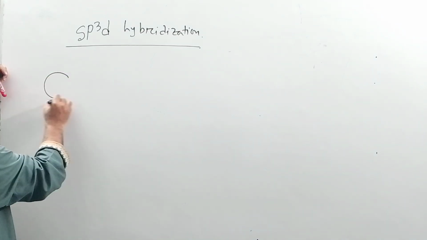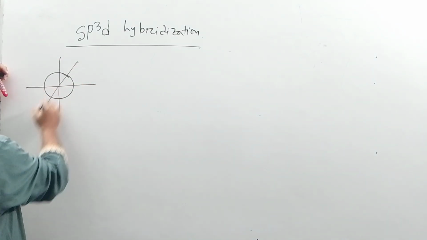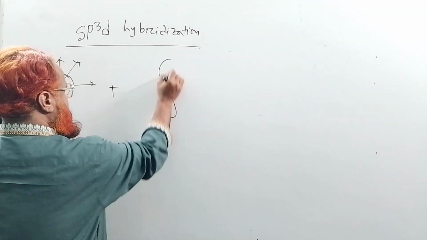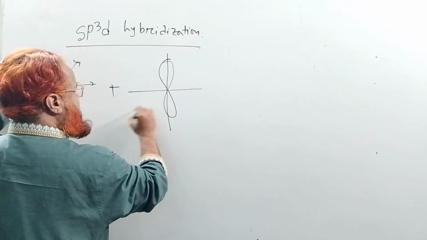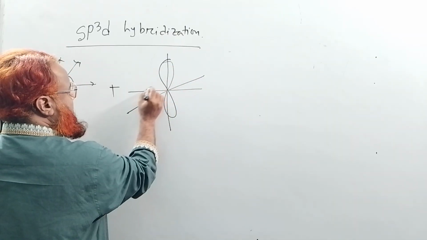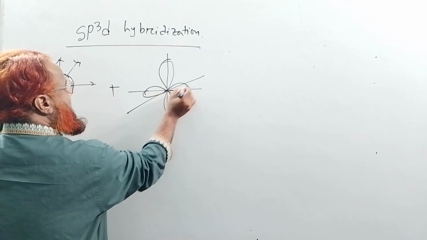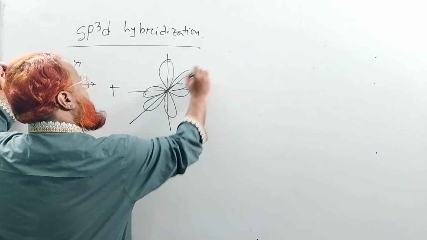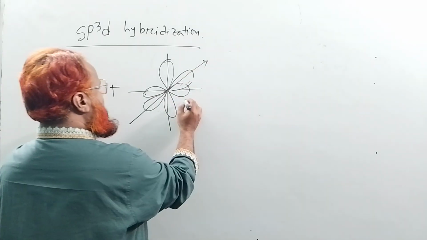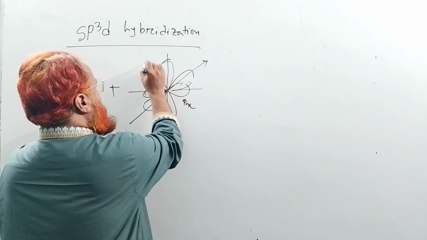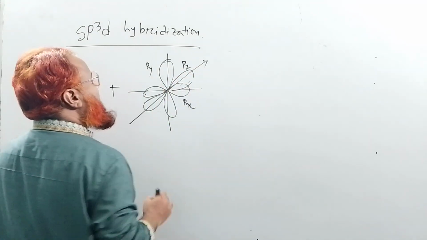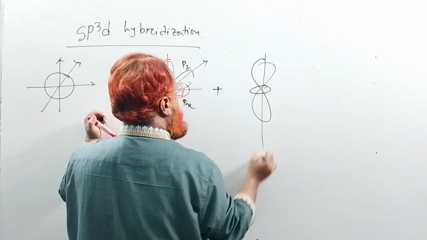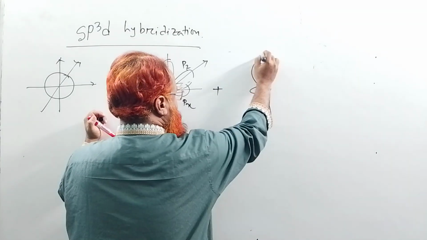So 1s and then 3p, 3p means px, py and pz orbitals will intermix together, and 1d, and here the d will be dz square.